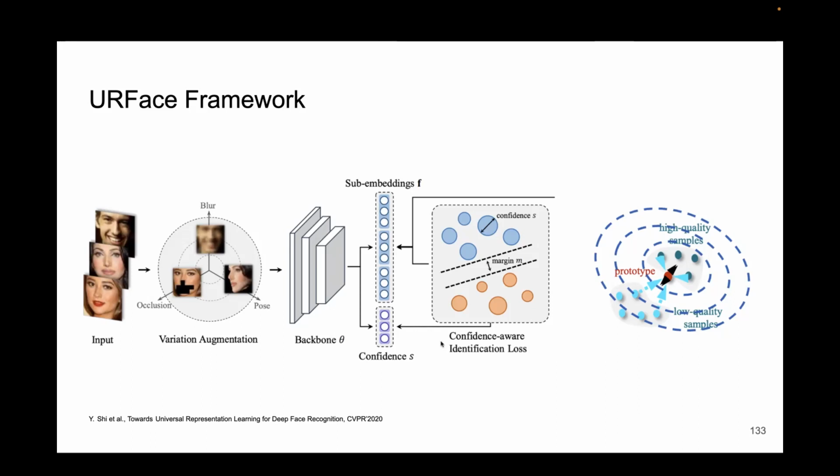In this way, we discount the importance of poor quality data points, and hopefully we will have a more robust and less biased estimate of the prototype, or class center, for each identity in the feature space.